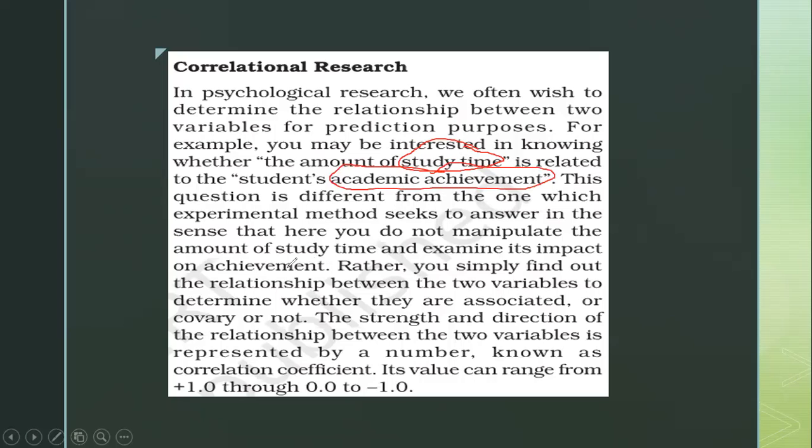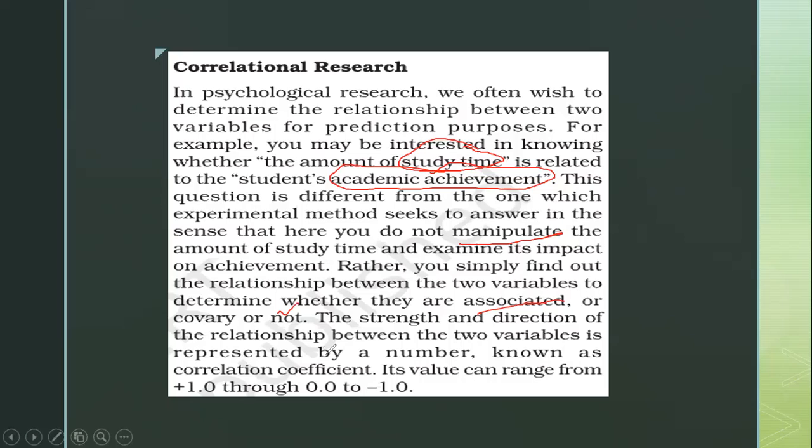You are not manipulating them, but you simply find out the relationship between the two variables to determine whether they are associated or covariant or not. You are just simply studying it in a natural way.